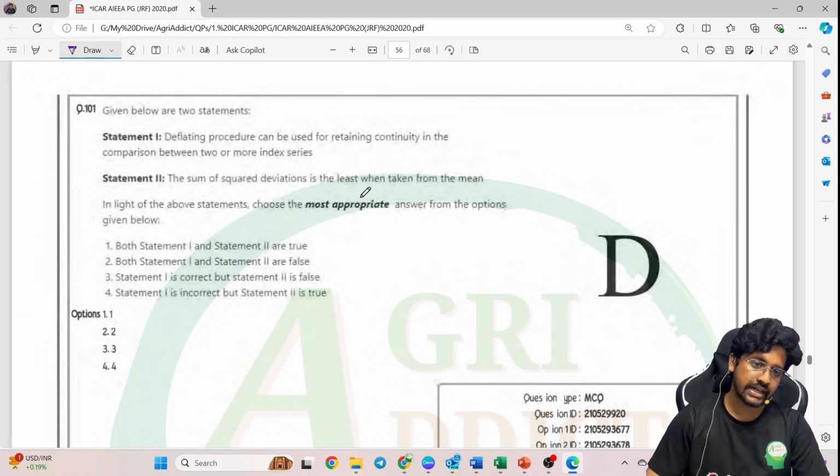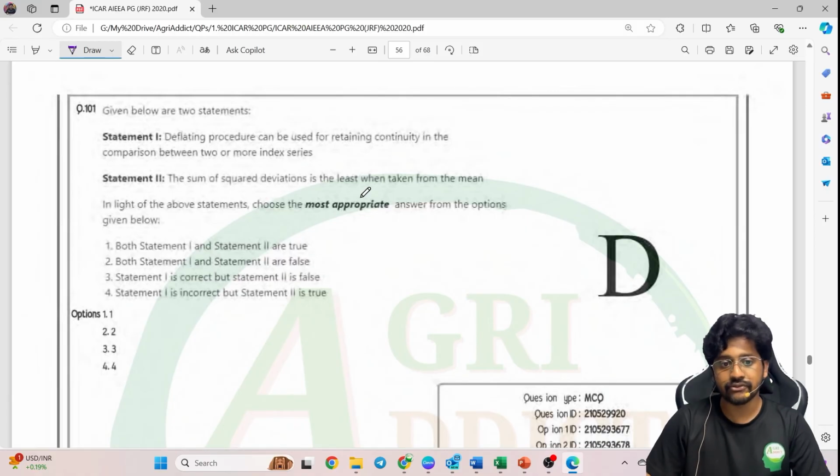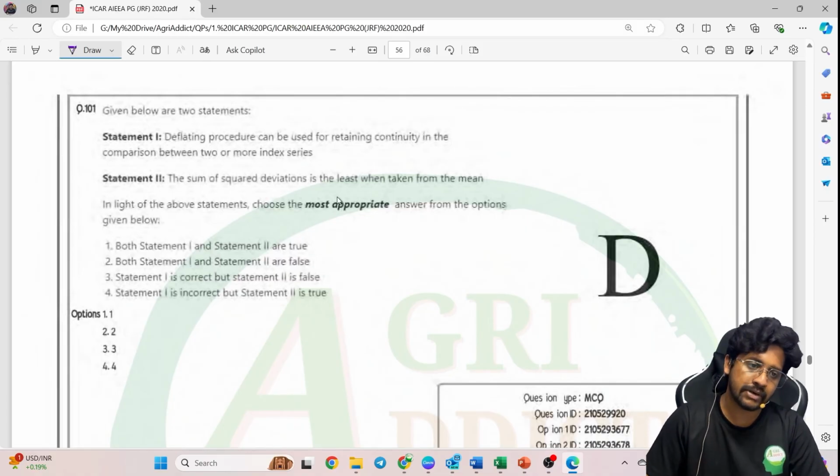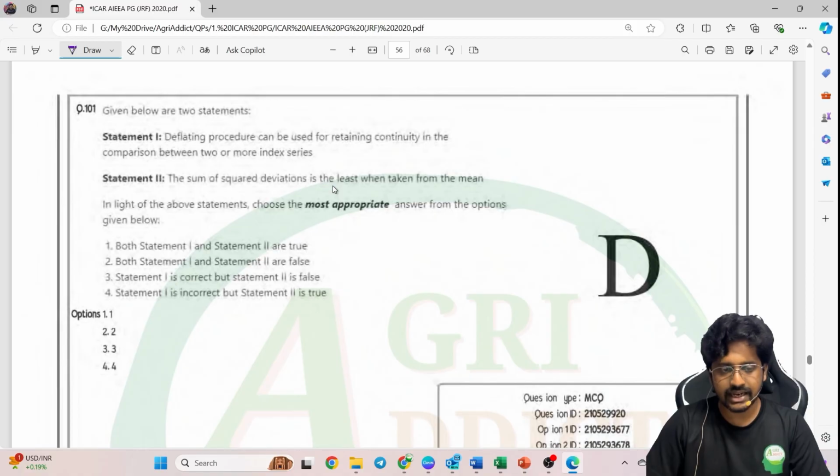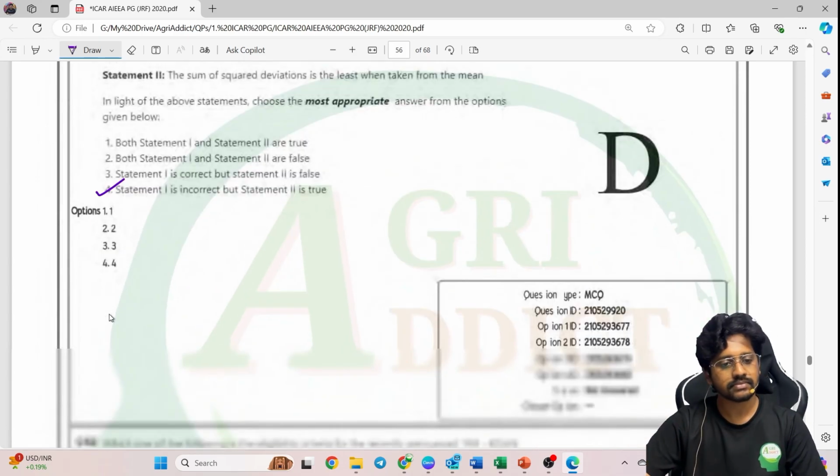The sum of the squared deviations will be the least when it is taken from the mean, so statement 2 is correct. Statement 1 is incorrect, so 1 is incorrect and 2 is correct, so option 4 will be the correct answer.